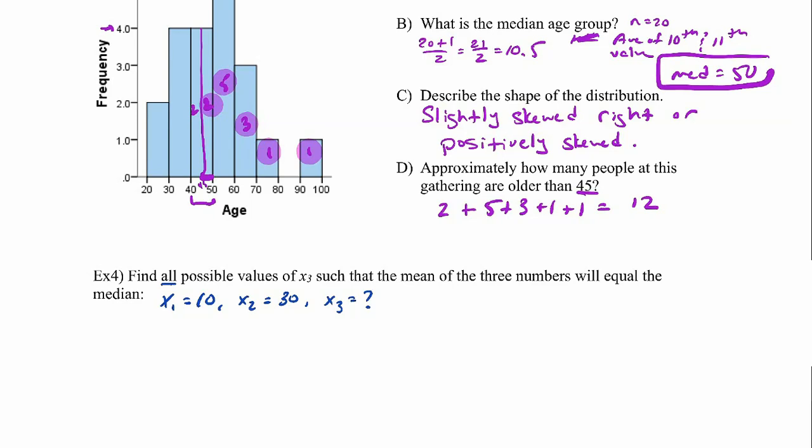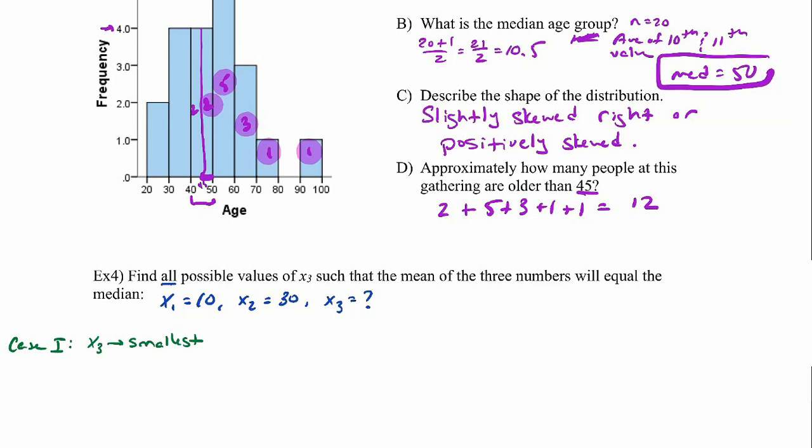Really what it comes down to is that when we're dealing with median, we have numbers in order. So let's talk about some different cases we could form here. Maybe x3 is the smallest of our values.